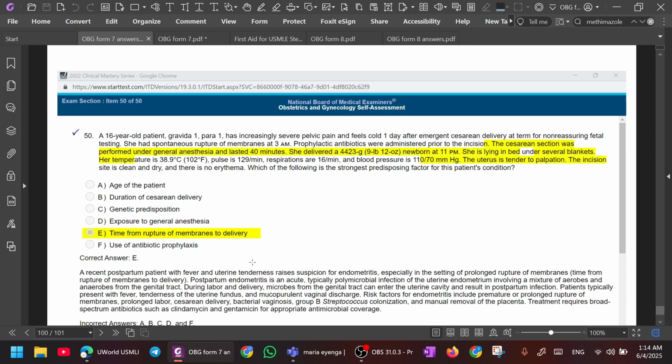The cesarean section was performed under general anesthesia and lasted 40 minutes. She delivered a 4.4 kg newborn at 11 p.m. She is lying in bed under several blankets. Her temperature is 102, pulse 129, respiration 16, blood pressure 110 by 70. The uterus is tender to palpation. The incision site is clean and dry. There is no erythema. Which of the following is the strongest predisposing factor in this patient's condition?